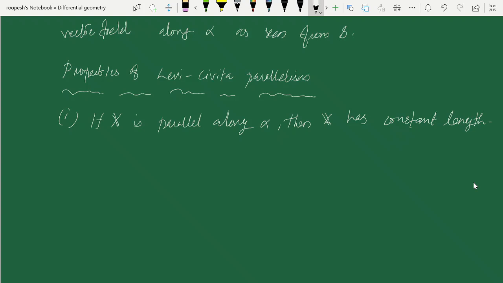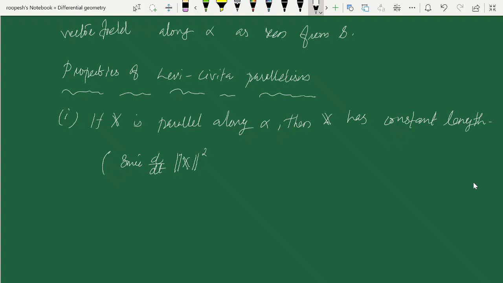That is, we consider d by dt of norm of X squared, and we want to prove that this is equal to 0.